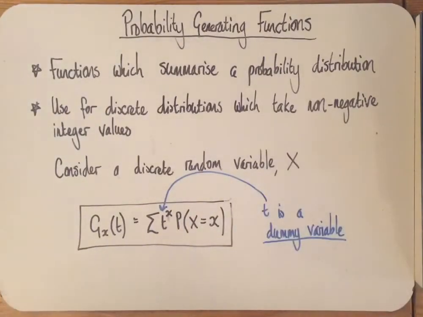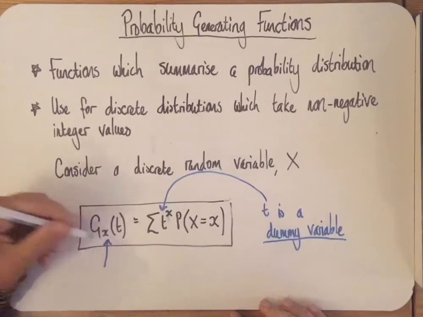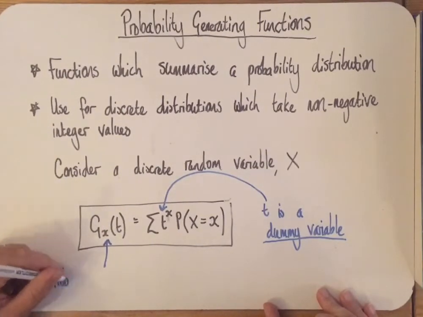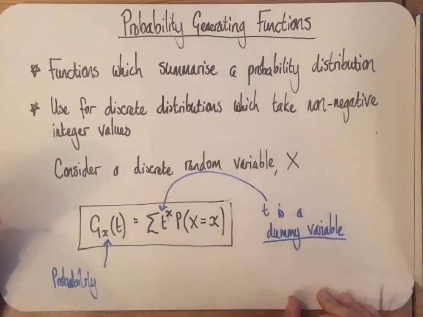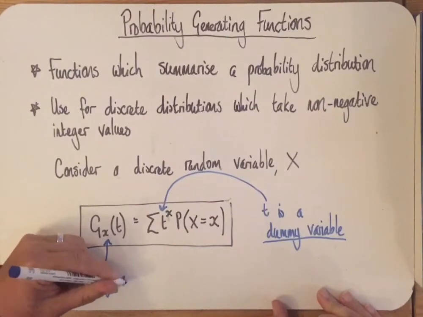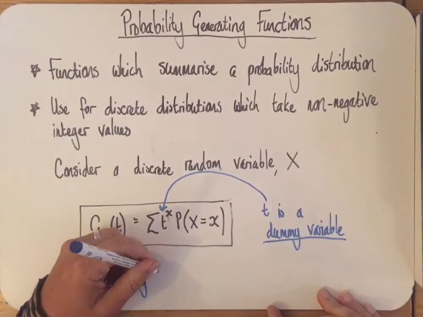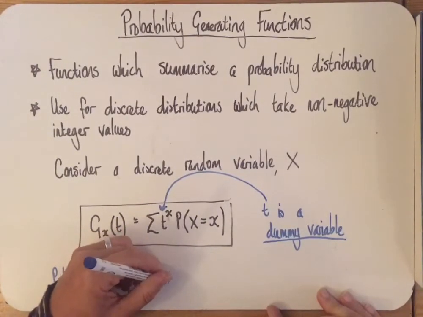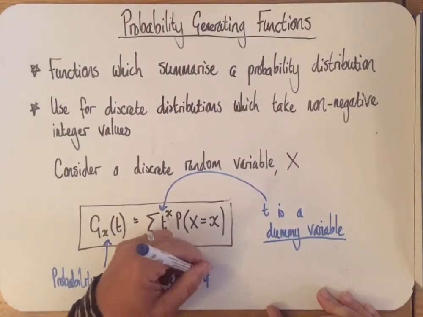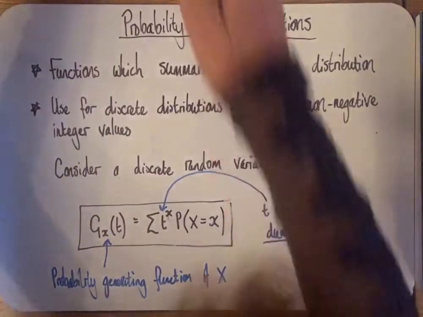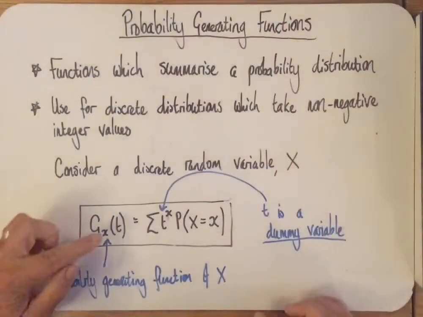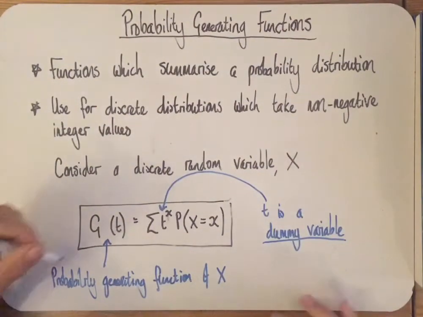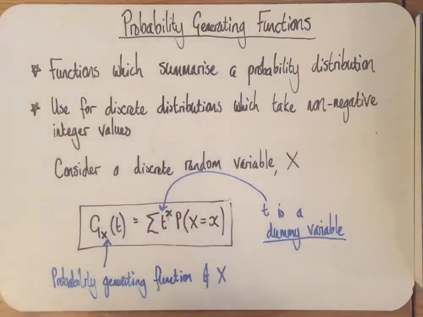I'll explain that as we go, but we haven't seen one of those before. And this is notation for the probability generating function of X. Let me just check whether it should be lowercase or capital X. Oh no, it is capital X in there, and lowercase x there though.